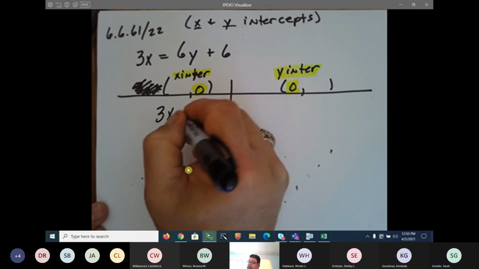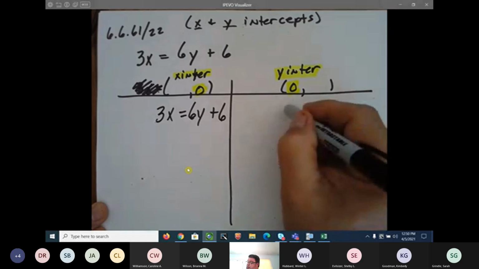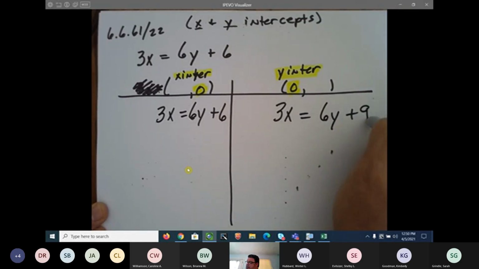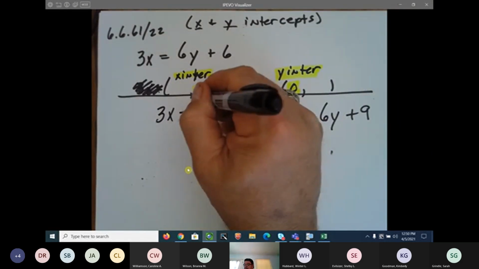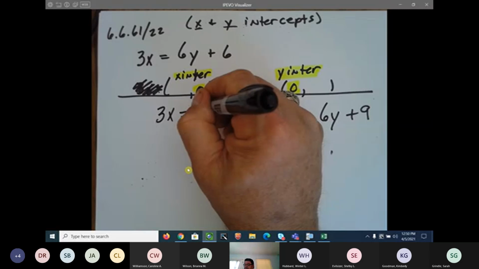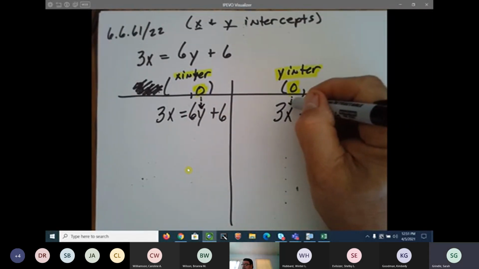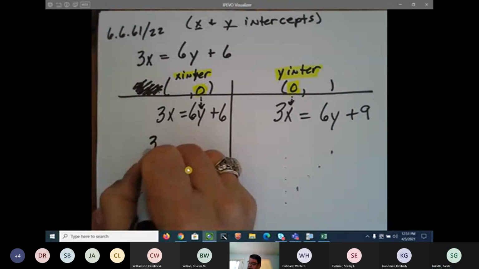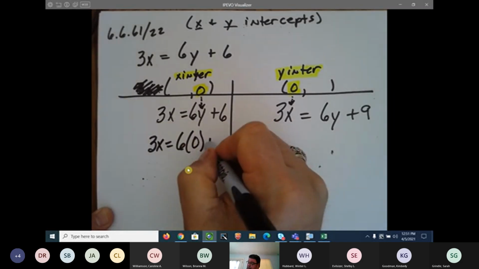3x is equal to 6y plus 6. If you notice, I put the letter right below the 0. Right below the 0, so that way you can't mess this up, even though some people will. 3x is equal to 6 times 0 plus 6.